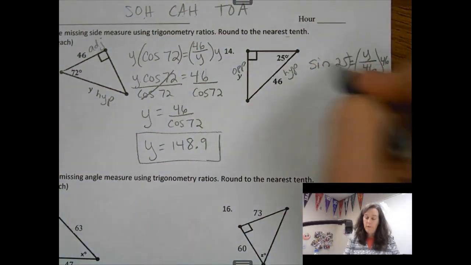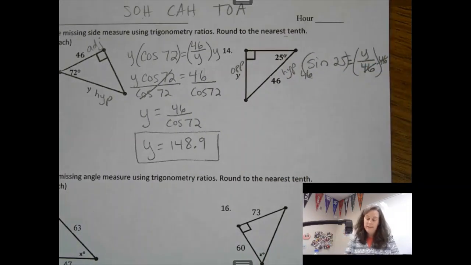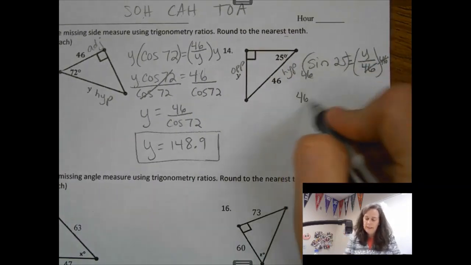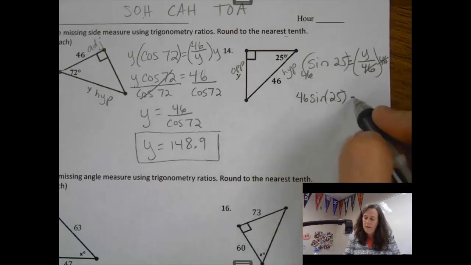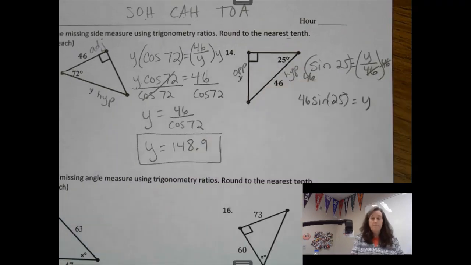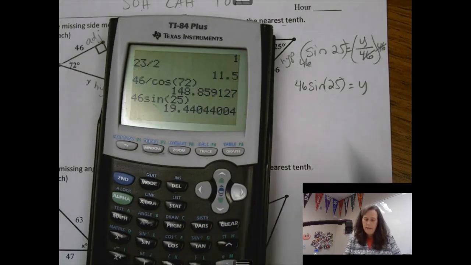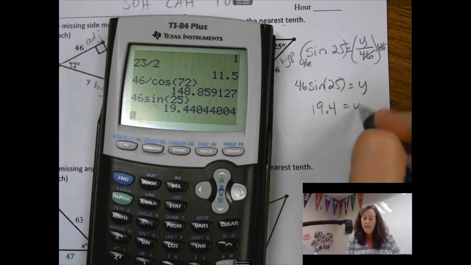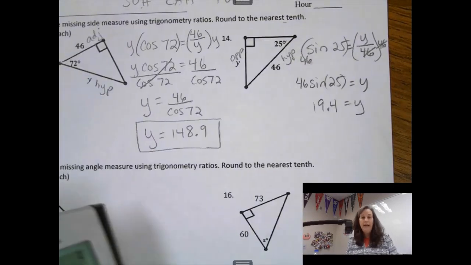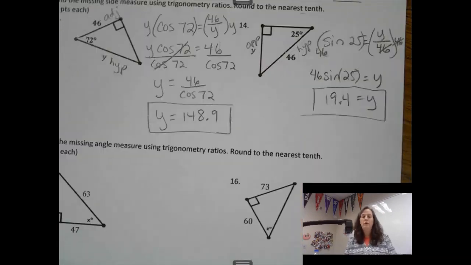Multiply both sides by 46. 46 divided by 46 is 1. So we have 46 times the sine of 25 equals y. Let's throw that in. 46 sine of 25. Did you get 19.4 as that side y? Awesome.